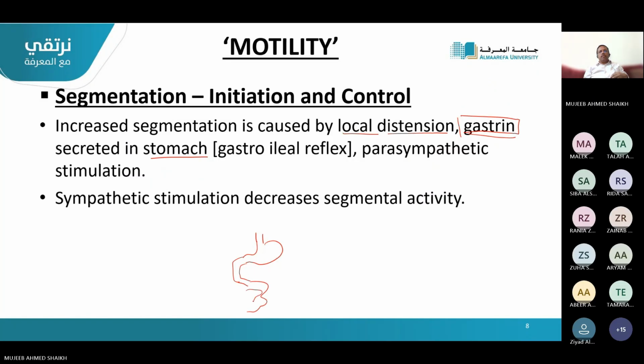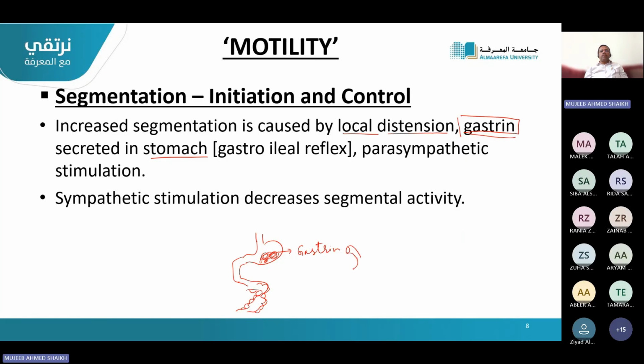Even if the food is here, they start to have segmentation. You may be asking why. There is no food entering and no stretching, but still they are causing segmentation. Why? Because as the food is here, there will be release of gastrin hormone, which will join the blood vessels.